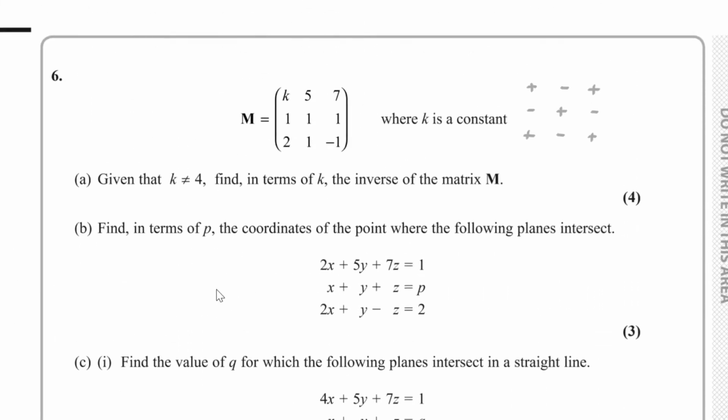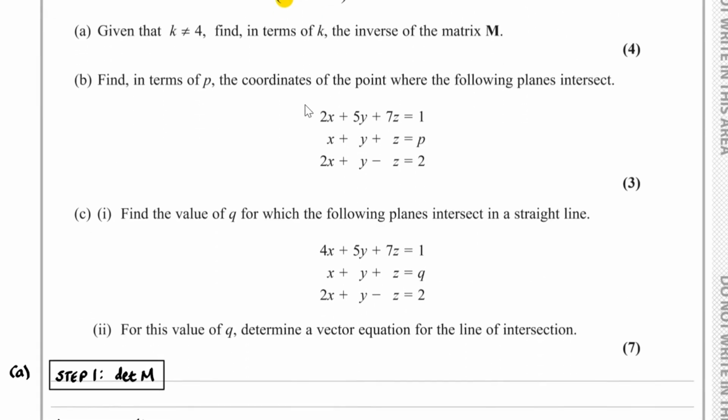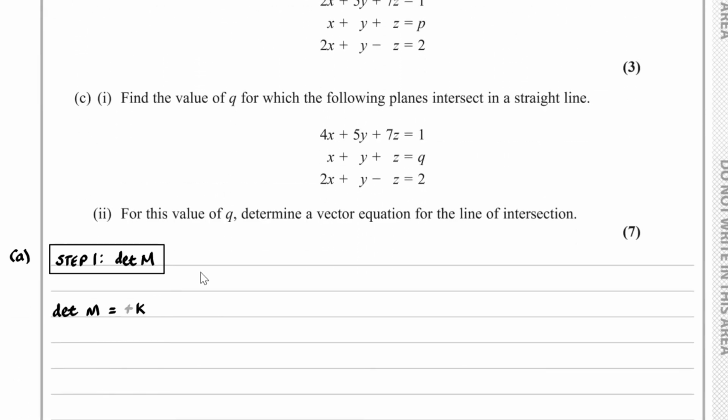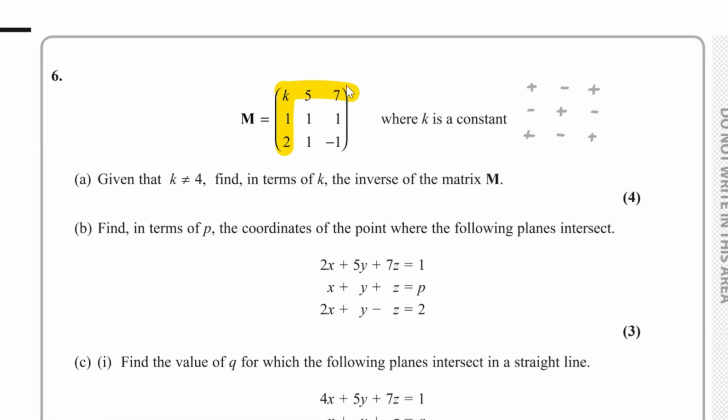And then we cover up the row containing that k and the column containing that k, and then we take the determinant of what's left over. So you can see what's left over is 1, 1, 1, minus 1. Okay? So that's what we do for that.